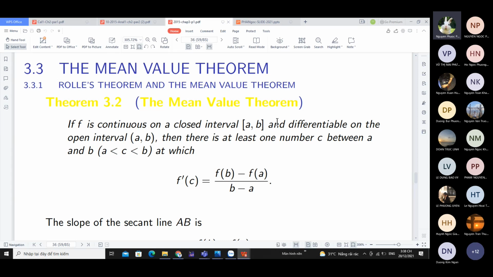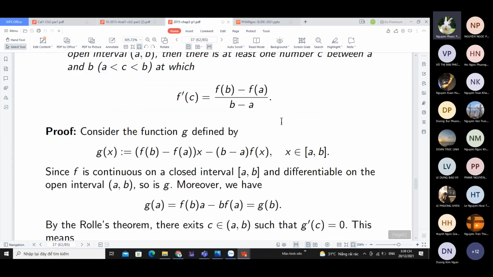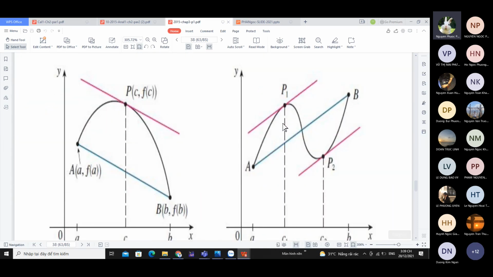It means we can find a point, let's say capital C, with coordinates (c, f(c)), so that the tangent line to the graph of f at that point is parallel to the secant line that goes through A and B. Here, I showed you the figure.